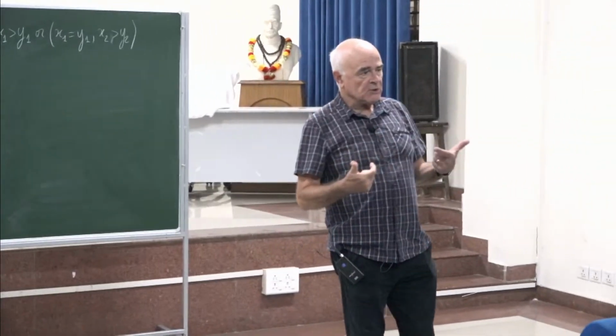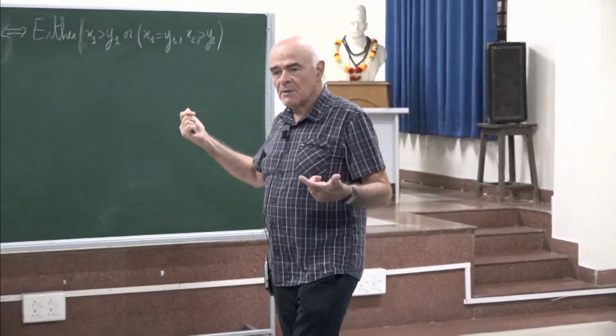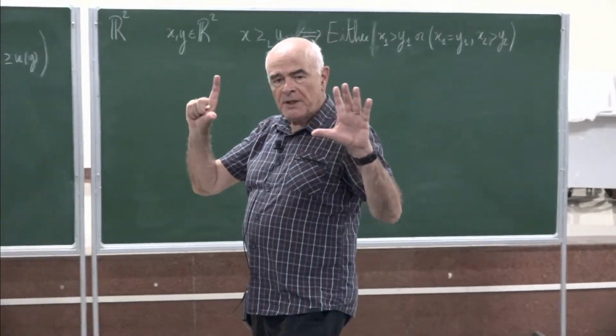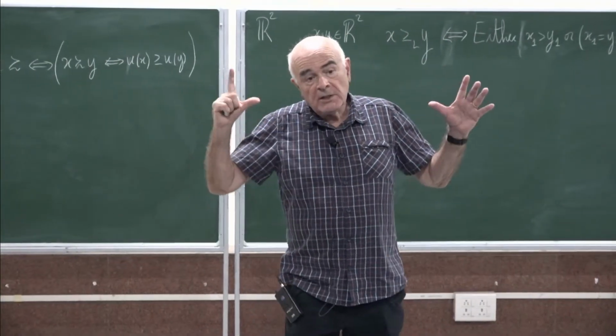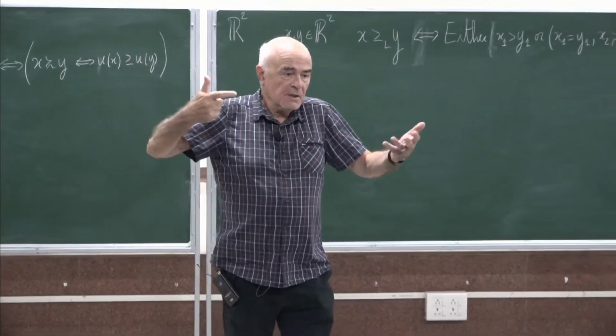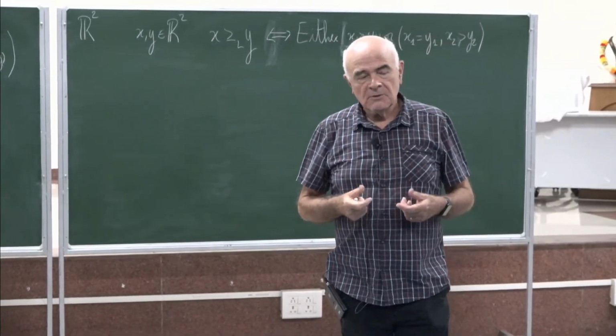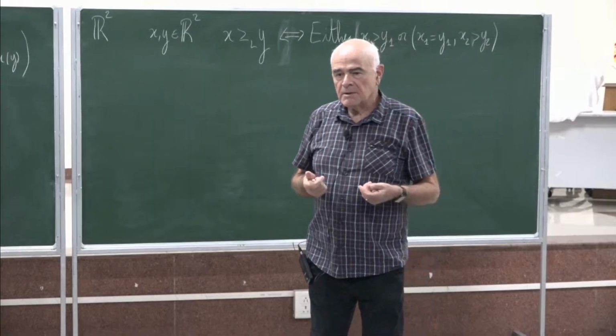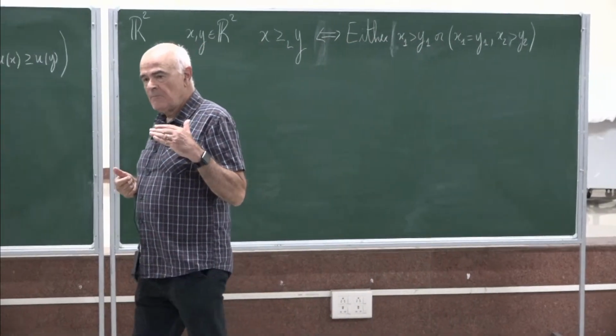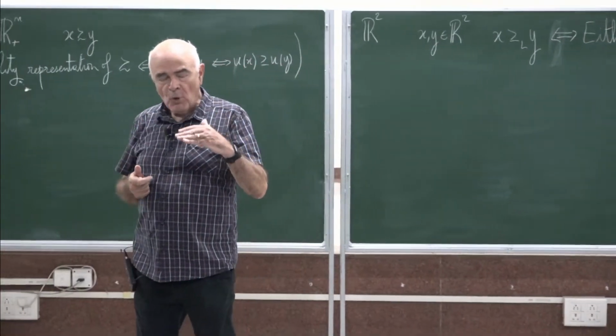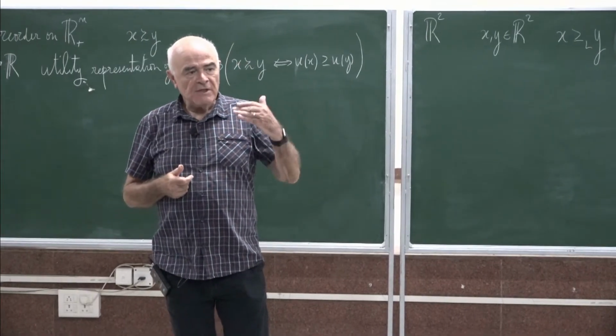So we order vectors, and this is the same in Rn. To compare two vectors, if they are the same, they are the same. They are related in whatever order. But if they are not the same, we look at the first component which is different.